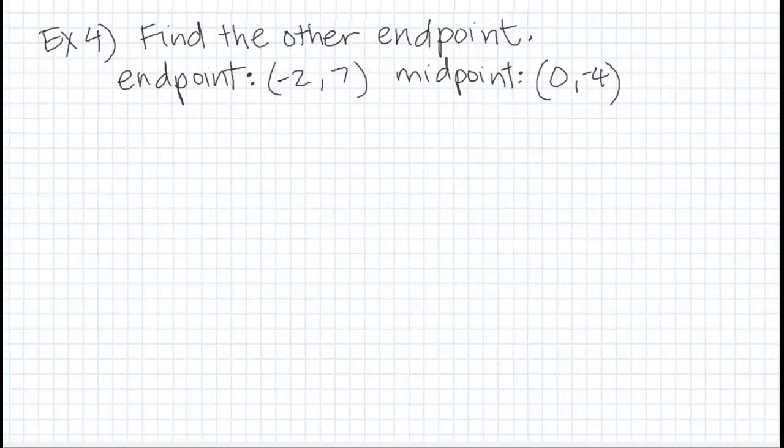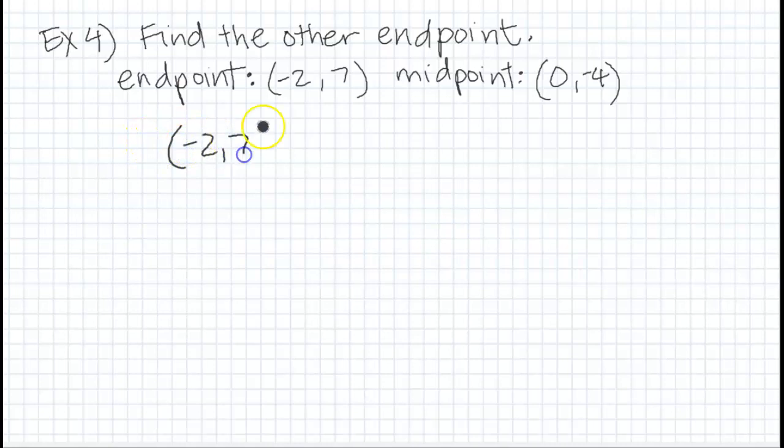All right, and we're going to do just one final example of this. This is example 4. Find the other endpoint. I'm going to really do the same thing that I was doing with the graph, but I'm going to be looking at the numbers in my points. I think it's best if I stack the numbers on top of each other like this.